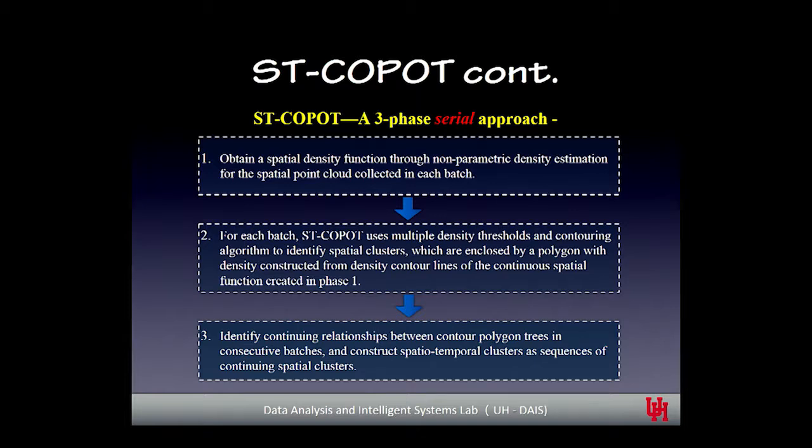We identify the spatial clusters for multiple density thresholds, so basically we have a hierarchical clustering result for each batch. Then at last, we try to identify the continuing relationship, whether the spatial clusters still exist in the following batches.